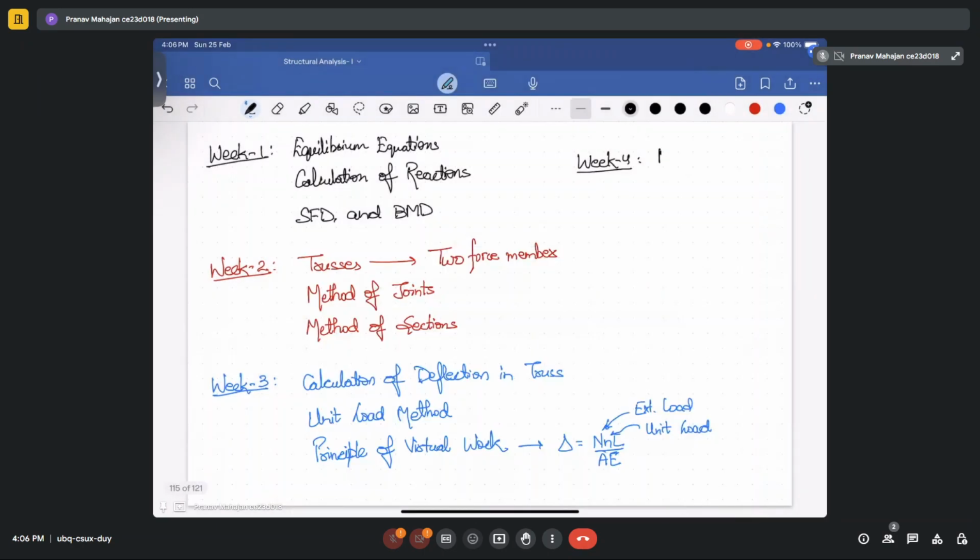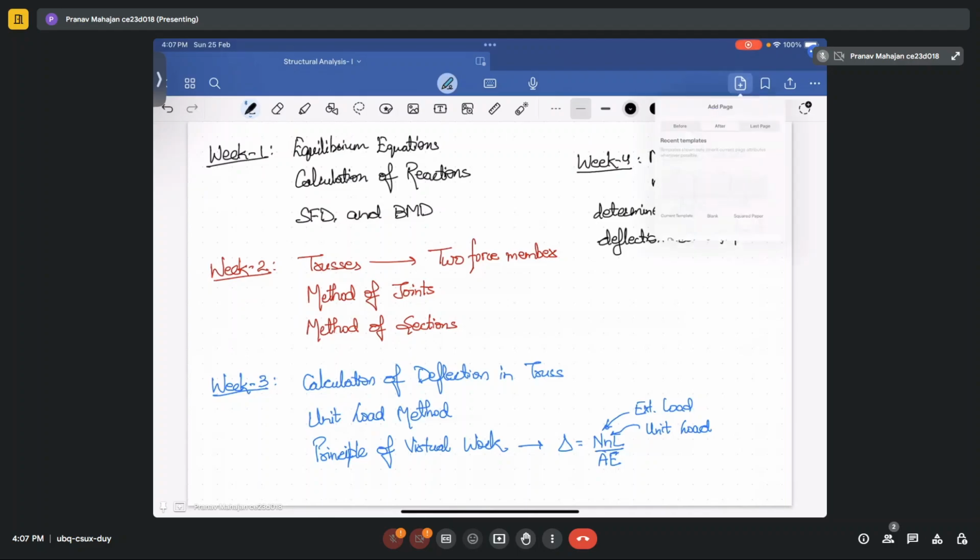So we have used moment area method to determine slope and deflection at any point. This is what we have covered till now.